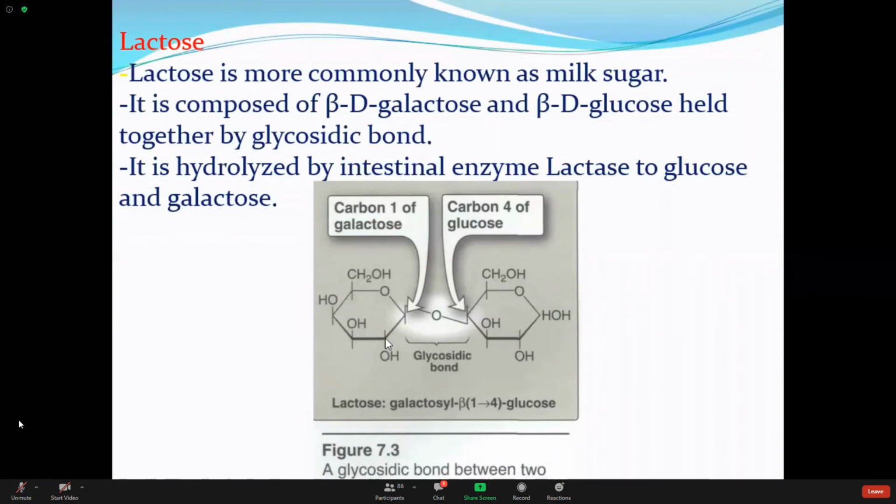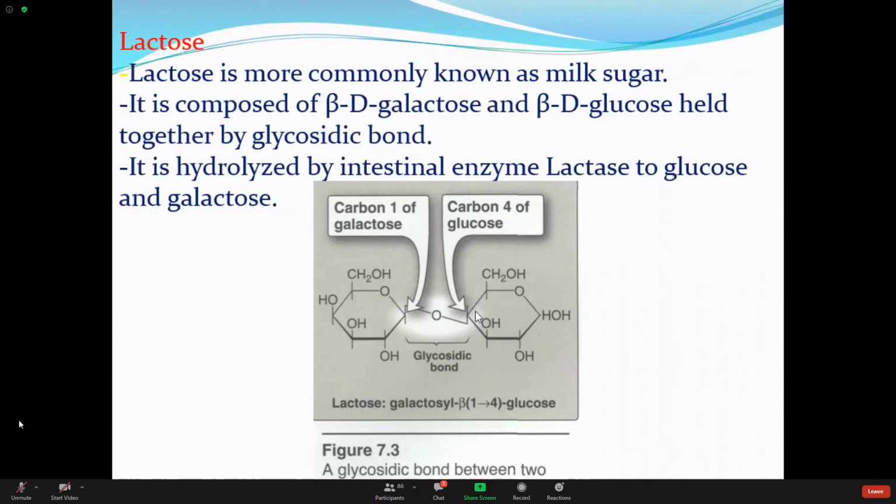This is number 2 carbon atom, this is number 3, number 4, number 5, and number 6 for galactose. For glucose, this is number 1 carbon atom. This is number 2, this is number 3, this is number 4, this is number 5, and this is number 6. Am I clear?